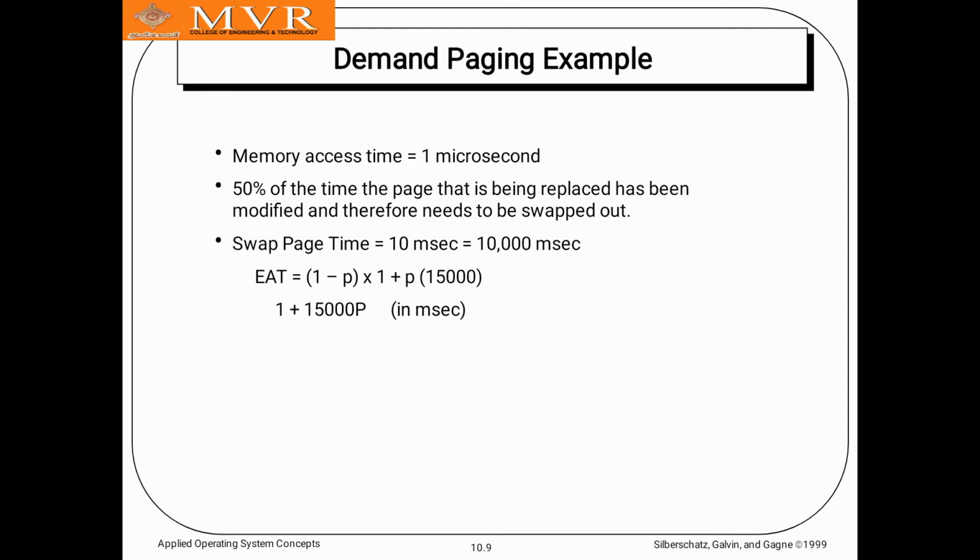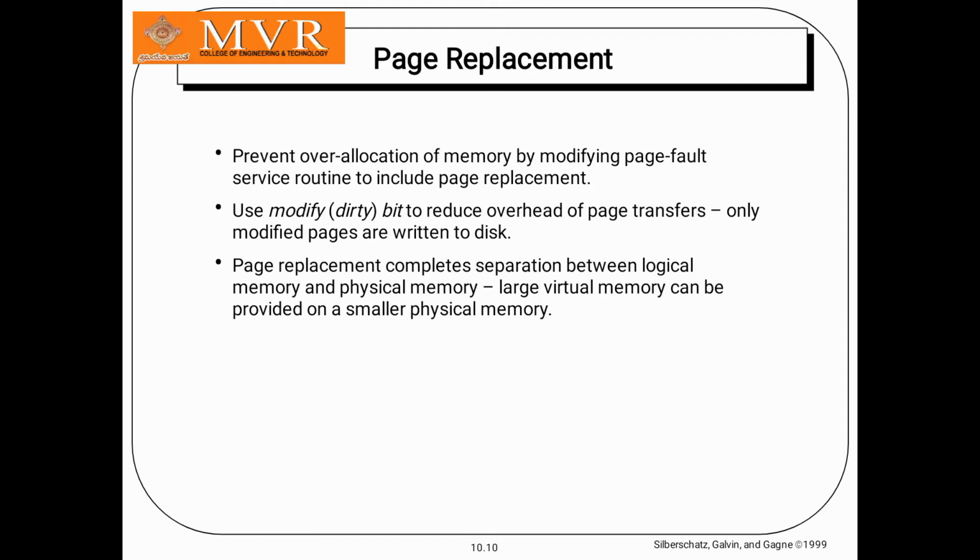For example, if we take 10 milliseconds, that is 10,000 microseconds, divided by half means 5,000. So EAT is calculated as (1 minus P) into 1 plus P into 15,000.